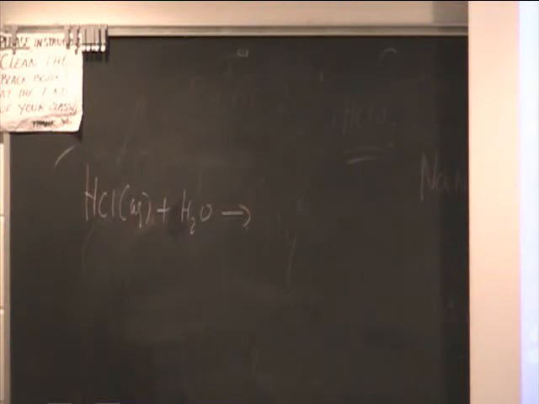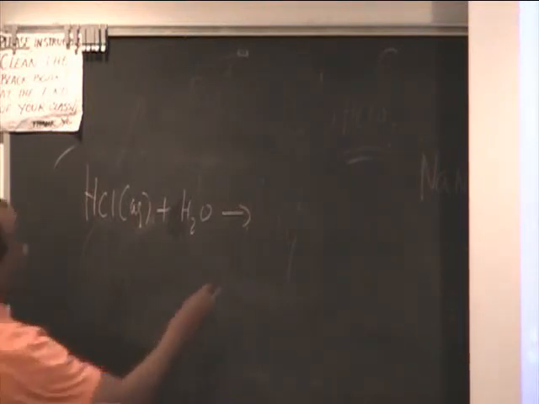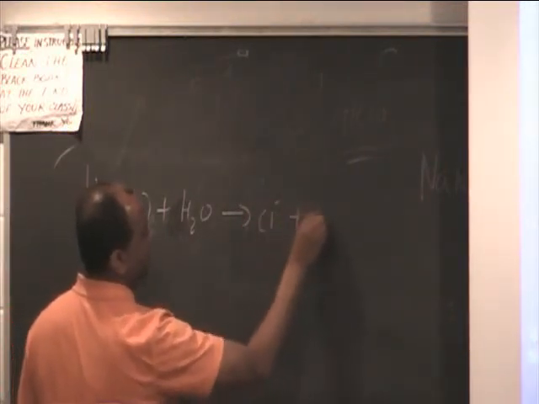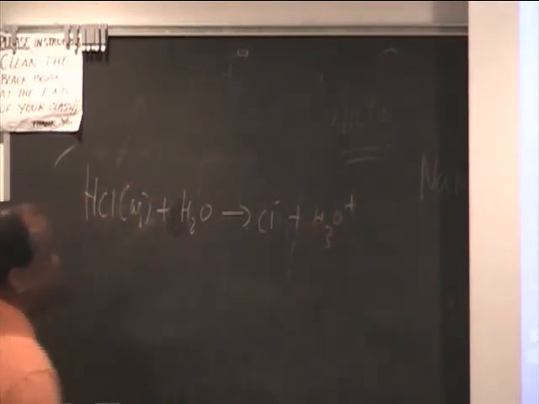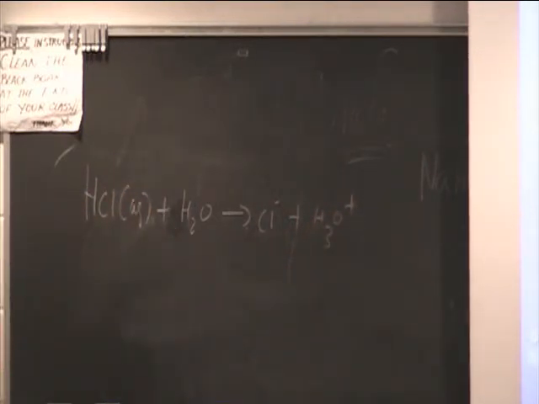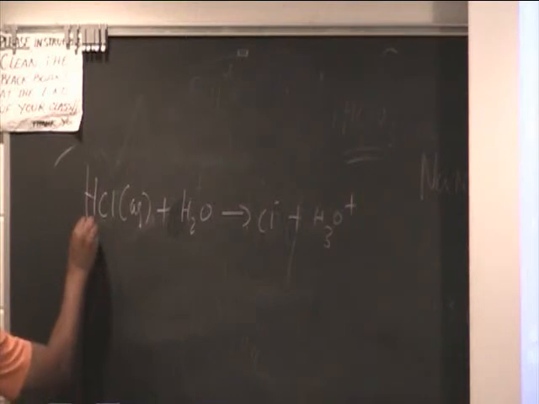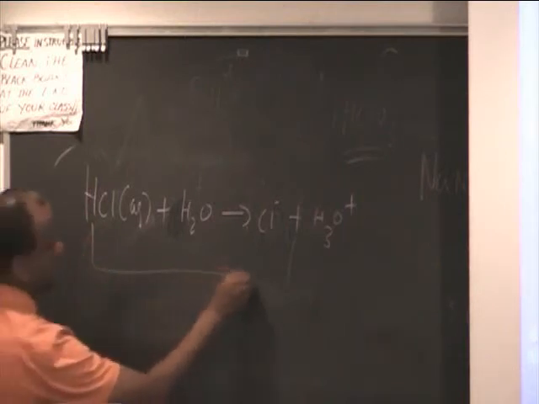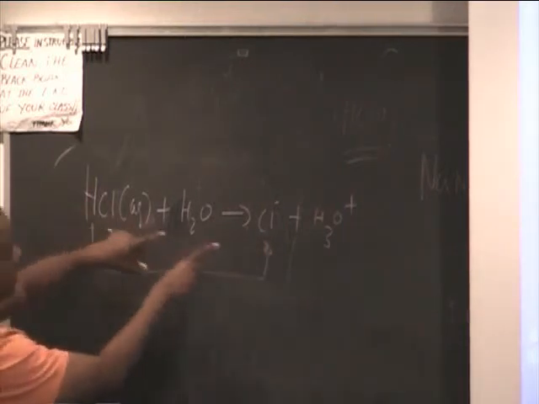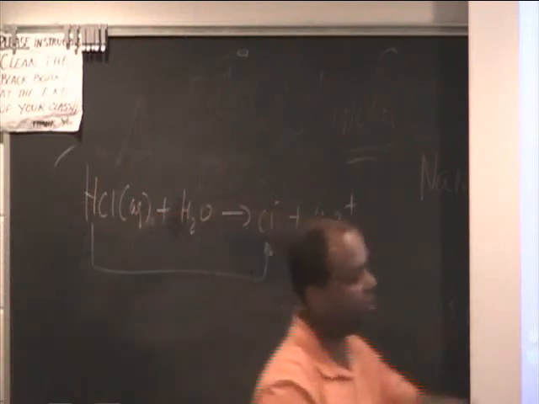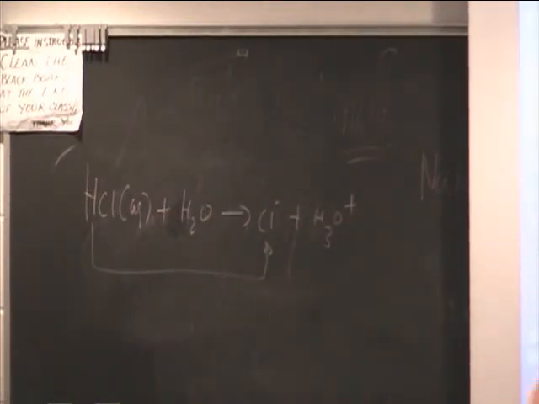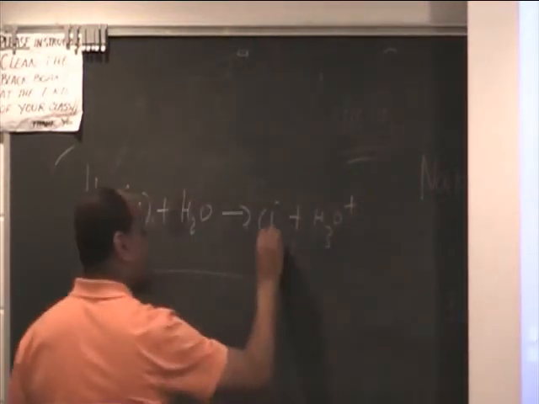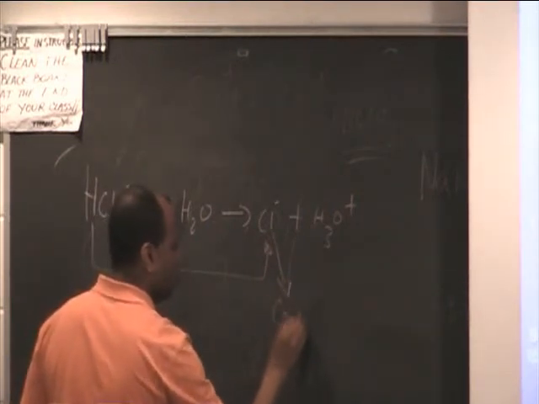Now, what do I get here? I get Cl minus and H3O plus. I can understand that more. So this is an acid. This acid lost a hydrogen ion here, and it becomes chloride minus. So this is going to be the conjugate base.